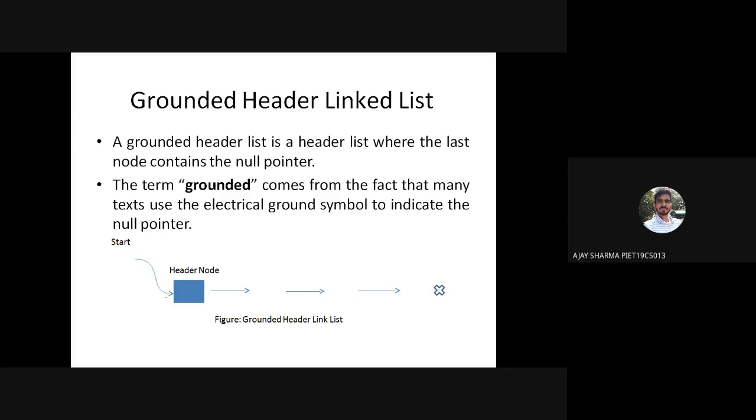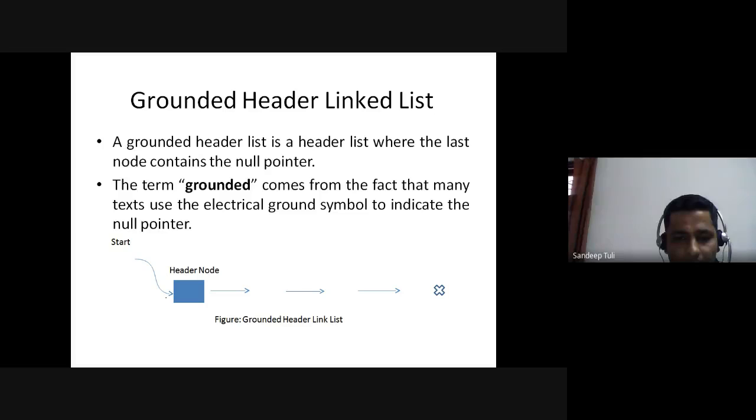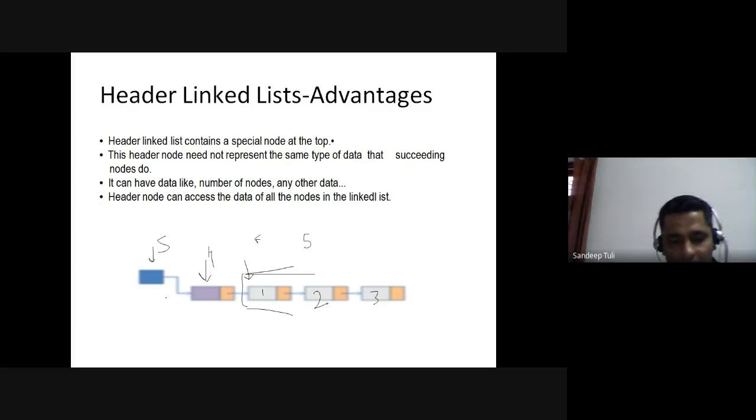Now, the header will contain the address of the first node. Definitely, the header will contain the address of the first node. So we will print with the header's next. Yes, you can use the next of header. Like suppose you are going to declare PTR, so PTR can be equal to next of header.